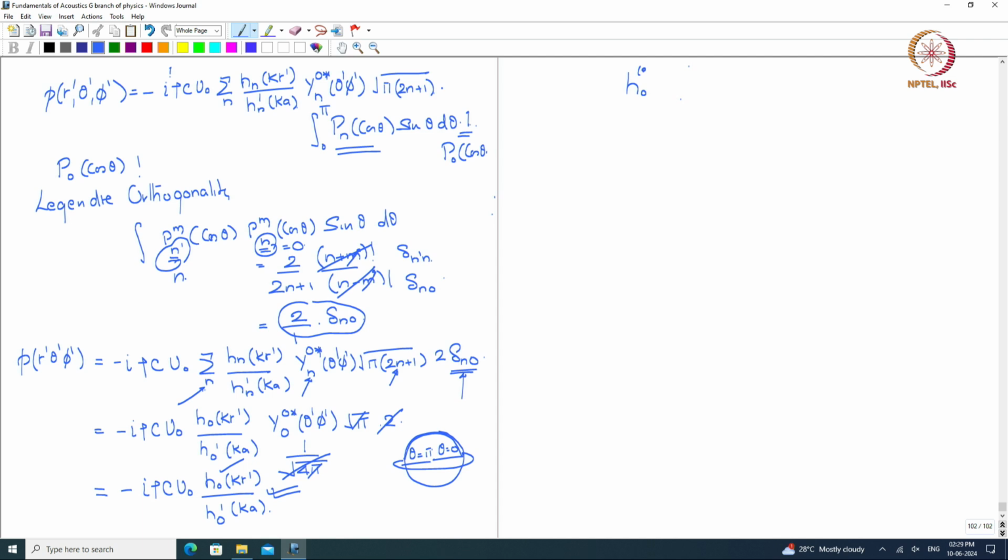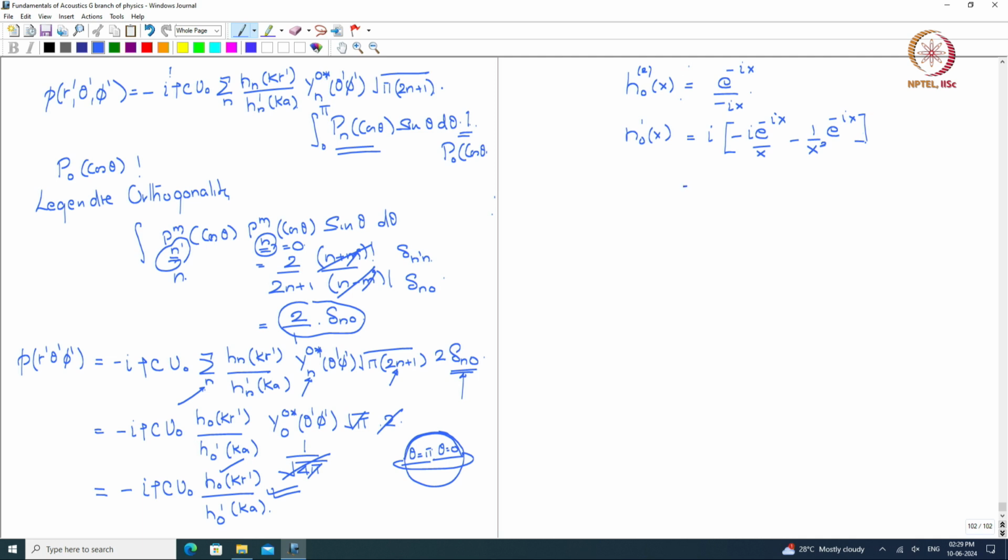Now let us look at Hankel 0 and Hankel 0 dash. Hankel function 0 second kind x is given by e to the power of minus i x by minus i x. Okay, and Hankel function 0 dash of x is, let us say, I will keep it outside, minus i e to the power of minus i x by x, okay, minus 1 by x square e to the power of minus i x.